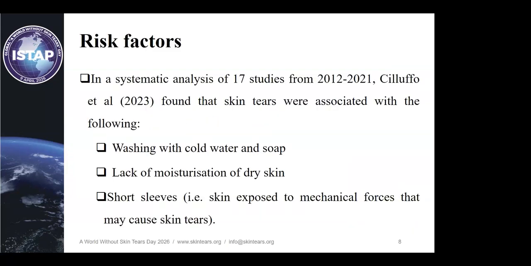We all know that the etiology or the risk factors for skin tears are multifactorial. But interestingly enough, in 2023, Khalifa and colleagues found that daily living activities such as washing with cold water and soap, lack of moisturization of the dry skin, and the wearing of short sleeves that expose the skin to mechanical forces predispose individuals to skin tears.